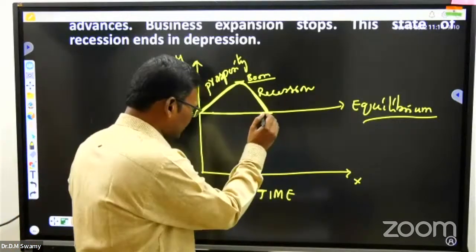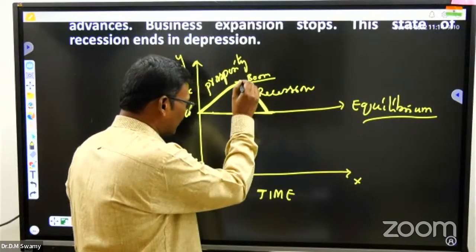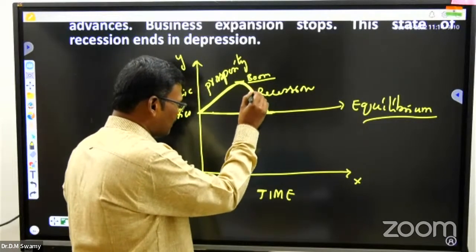They are above. This is the equilibrium level condition. So the economic activity may be decreasing, but it is above the equilibrium level.